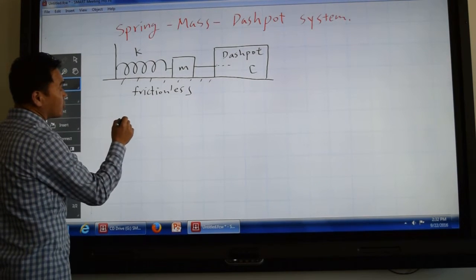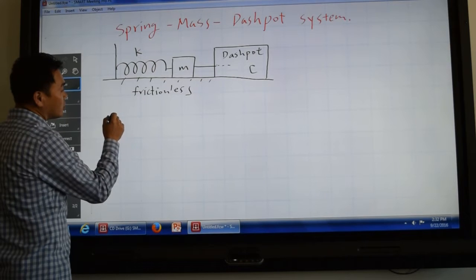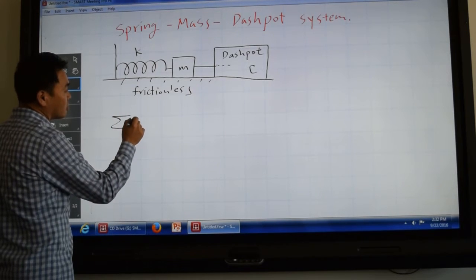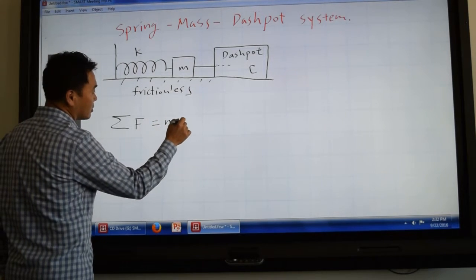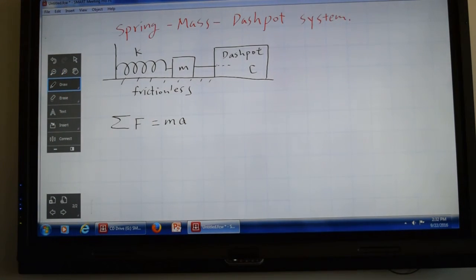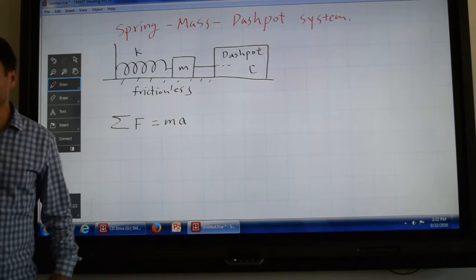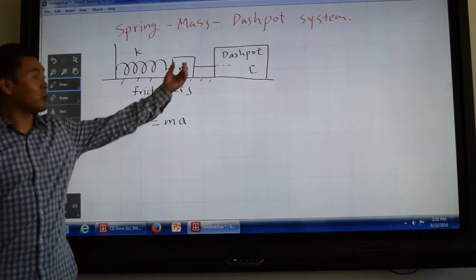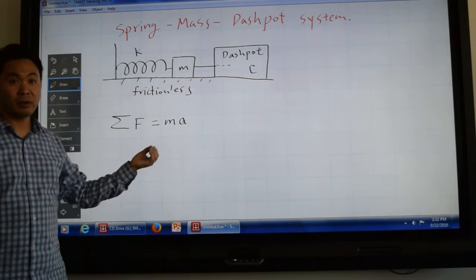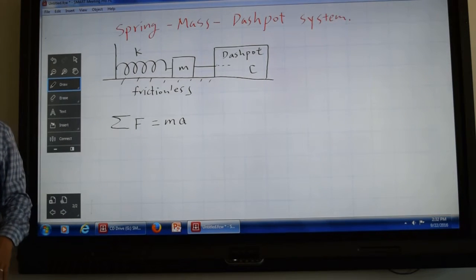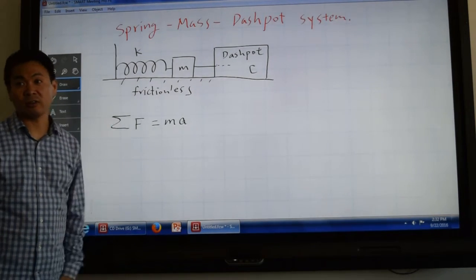So what we have is sum of the forces equal to ma. That's how you solve questions in physics, right? You just think about all the forces acting on the mass m and add them up, and it's equal to ma. But what kind of forces are acting on this?